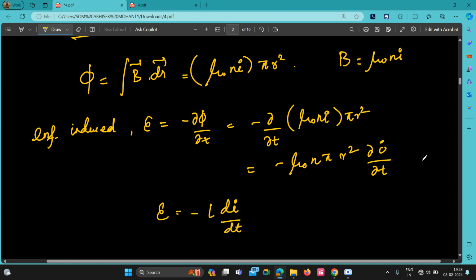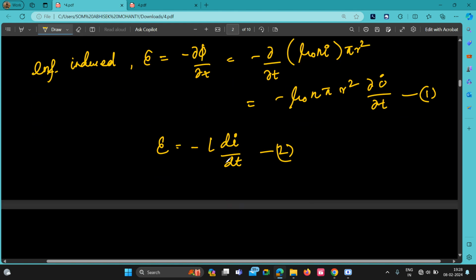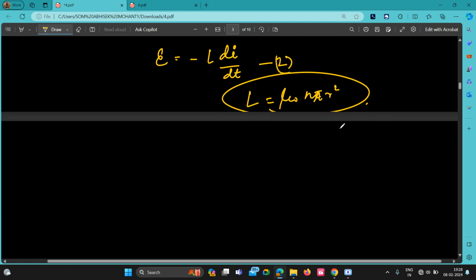So if you compare these two equations, 1 and 2, what will you get? If you compare this, we'll get L is equal to mu naught n pi r square. So from here we can conclude that L depends on r, isn't it? Also L depends on n.